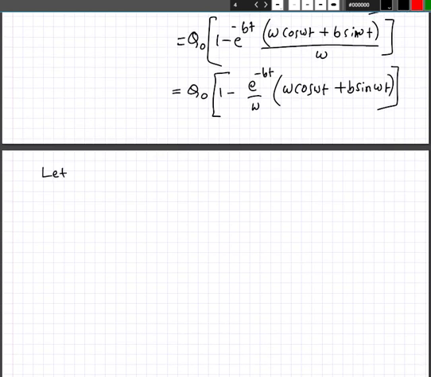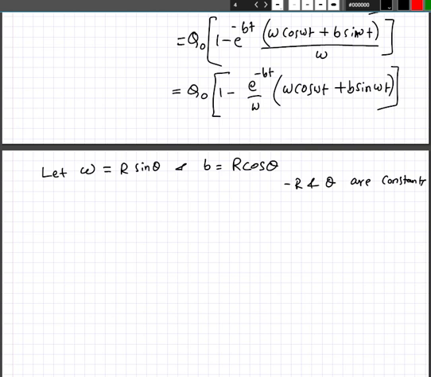Let omega be equal to r sine theta and b equal to r cos theta. R and theta are constants because omega and b are also constants.